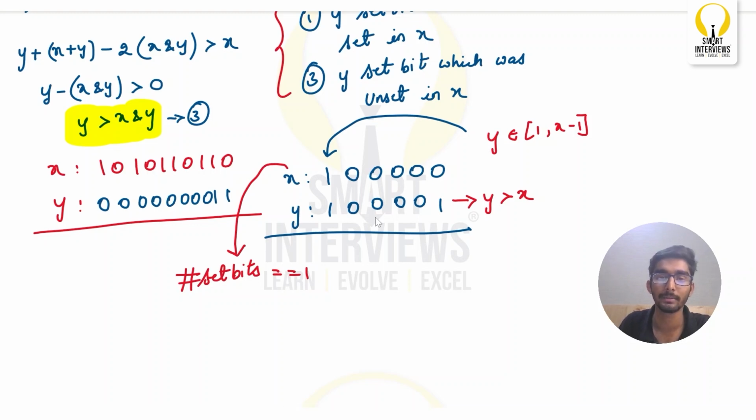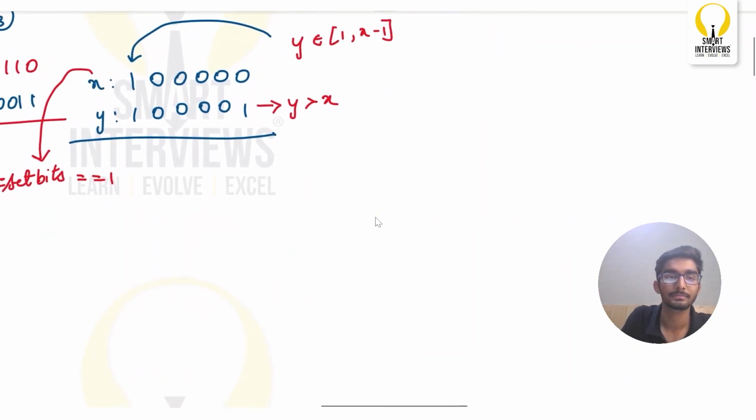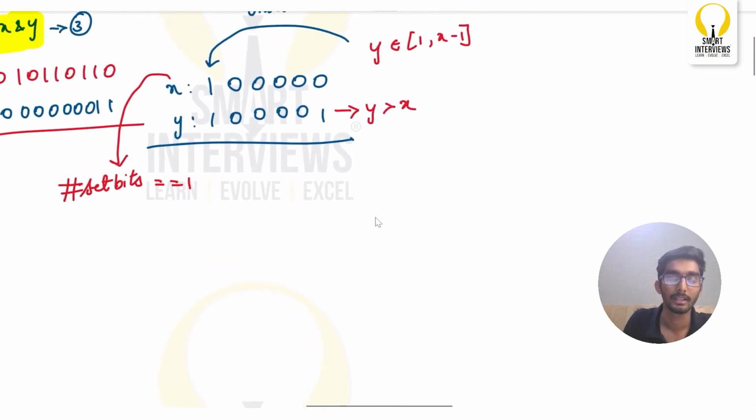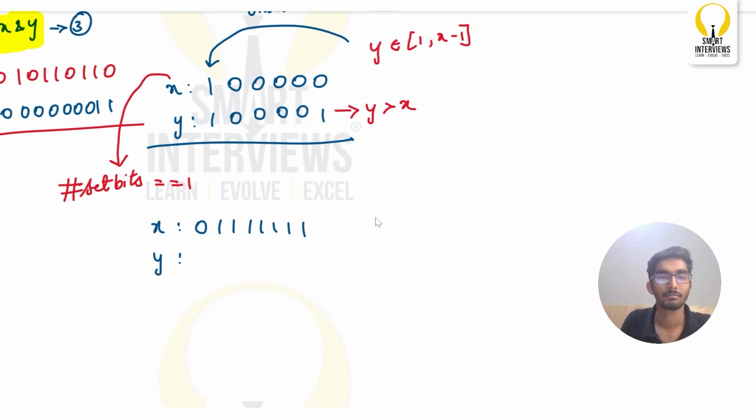Is there any other way? Suppose the value of x is 0, 1, 1 and all ones. What will happen?